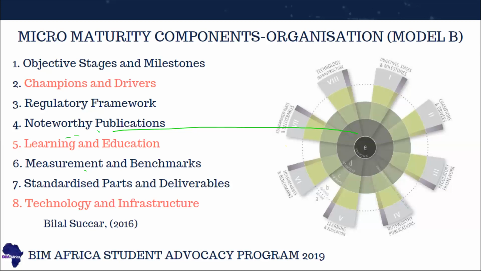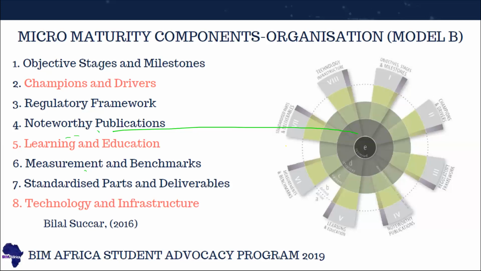BIM champions and drivers are what is driving you to establish BIM champions, people like, maybe, buildingSMART, who are championing BIM within a country or within an organization or whatever context it is.